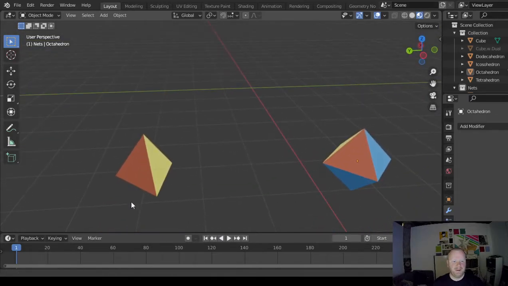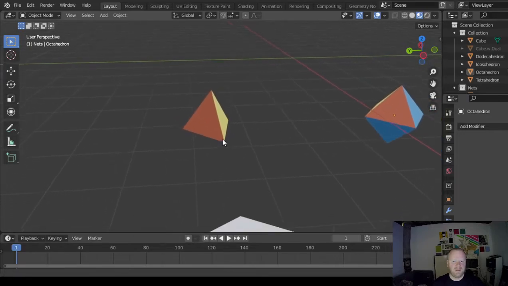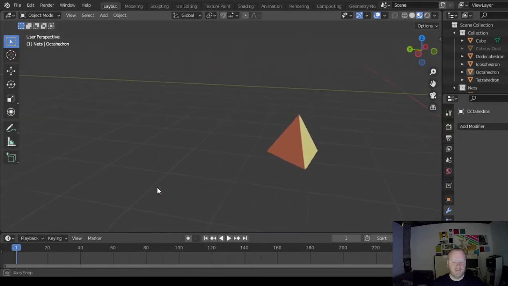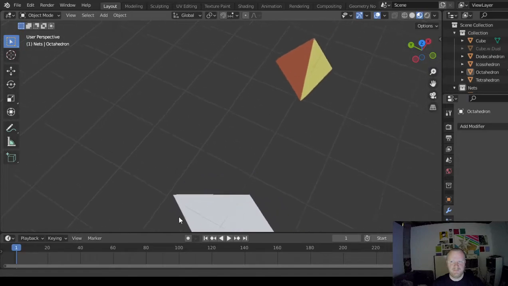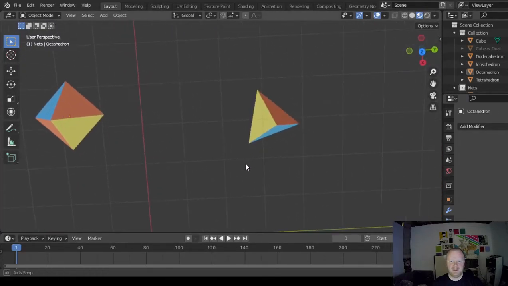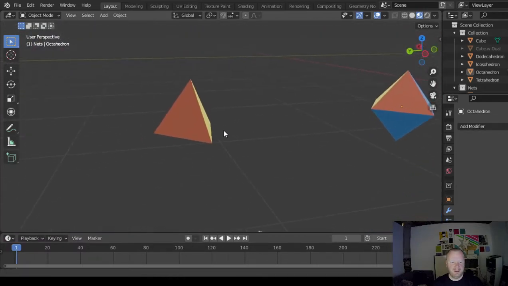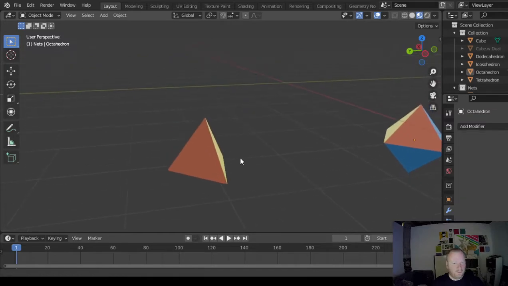This first one here, the reason it's a regular polyhedra is because it's made up of all regular polygons. Right, so if I just take a tour around this piece here, we've got all equilateral triangles on here. One way to analyze these is to look at what's happening at each of the vertices.